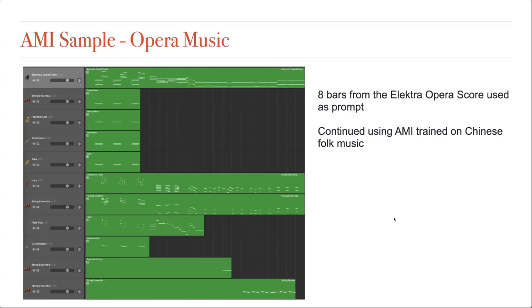Then the rest is composed by Amy. So the prompt stops here.